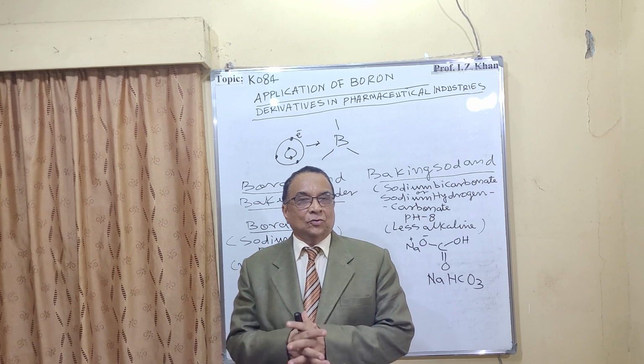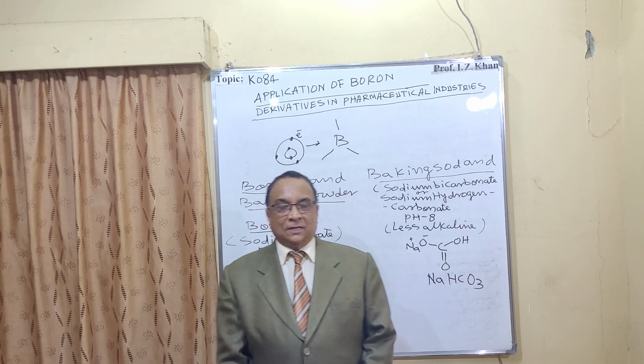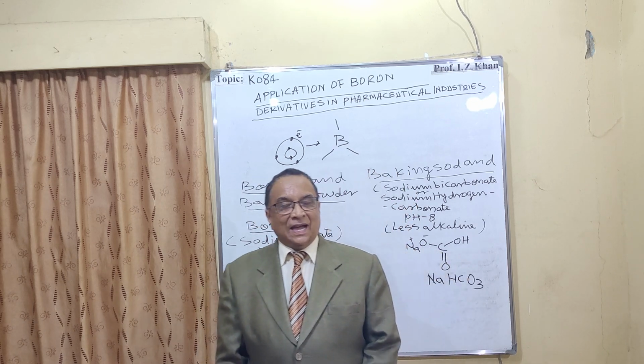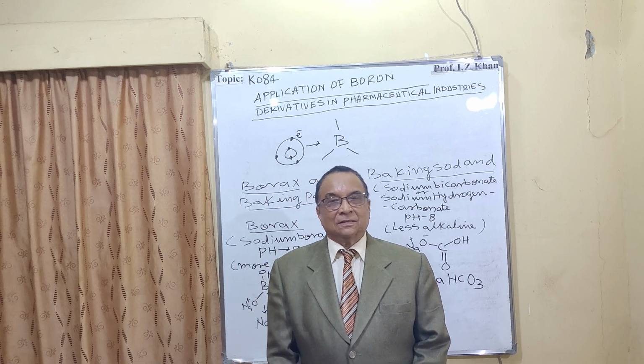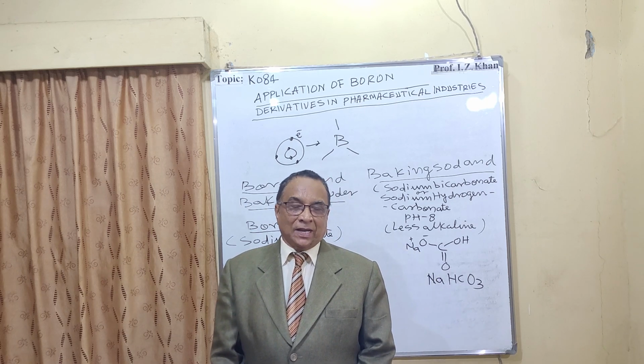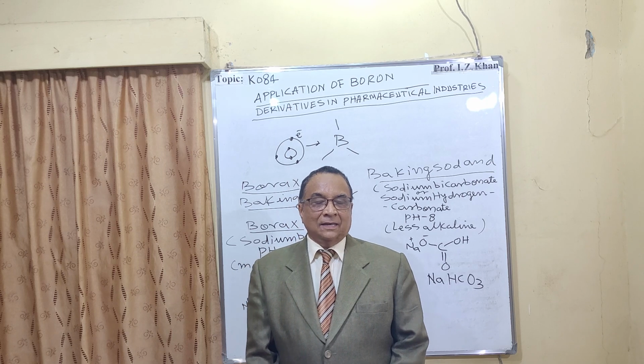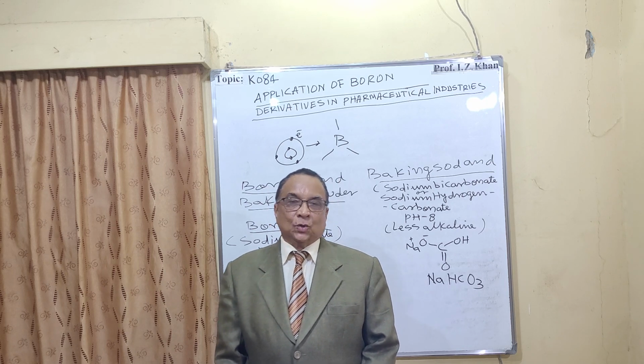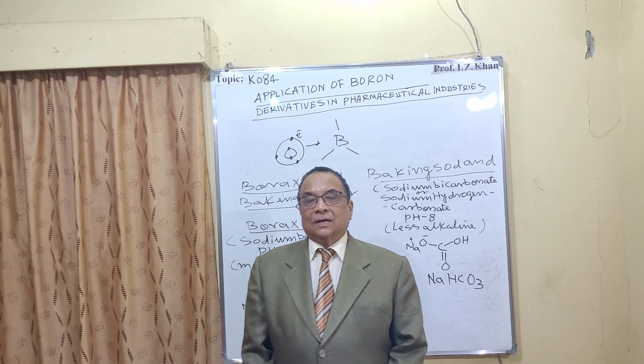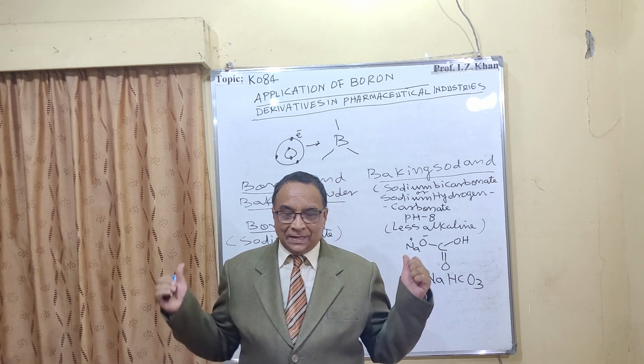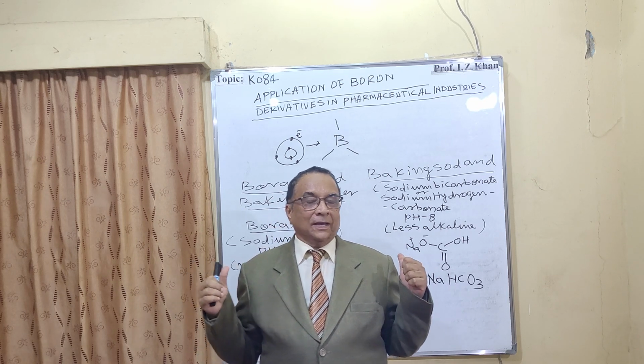Here I want to clear up a confusion, because some students ask me, sir, is there any difference between borax and baking soda or baking powder? So I have given the structure and formula here.